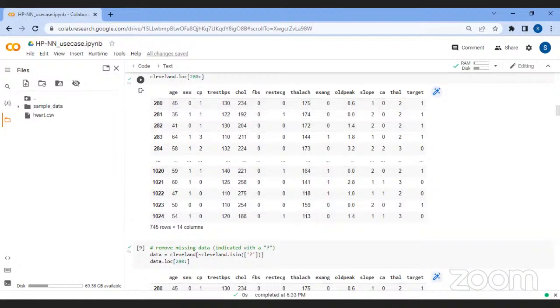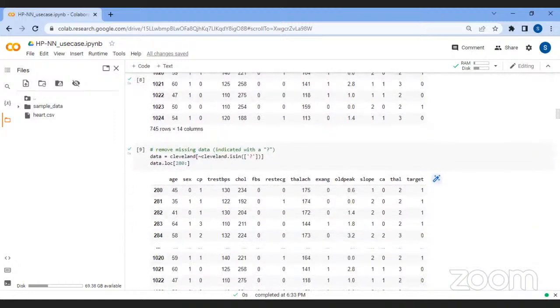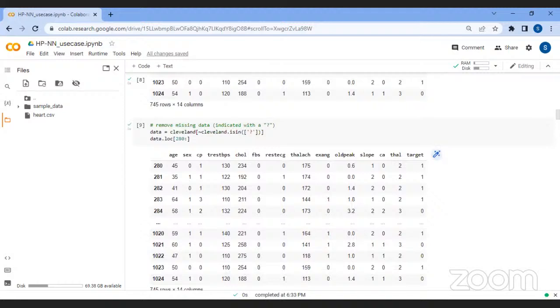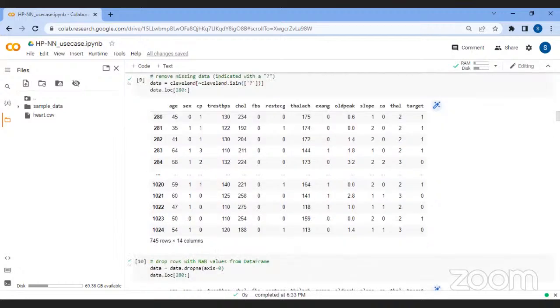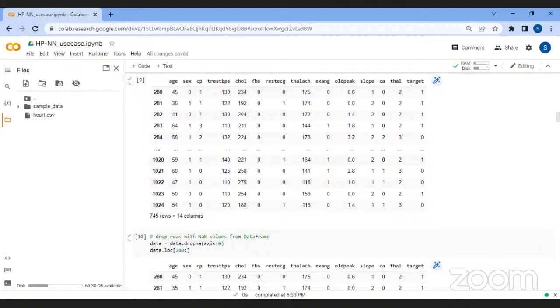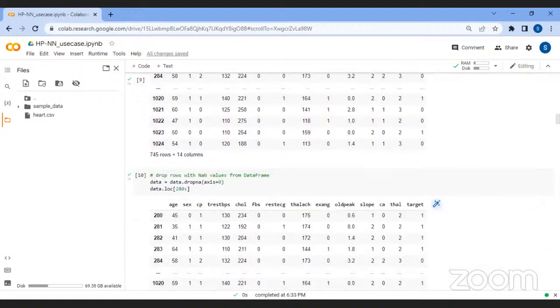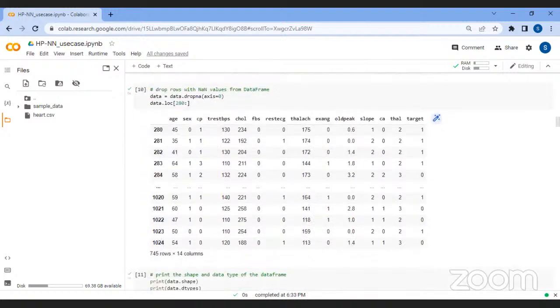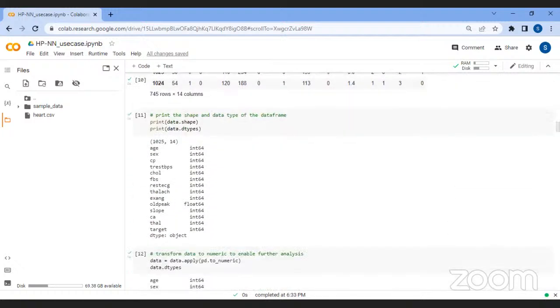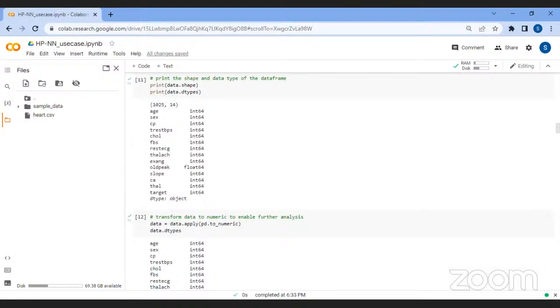We have also tried to remove missing data if there is any. This is part of our EDA and data preparation process. In the same way, we have checked for NaN values, and again we have checked the data types.